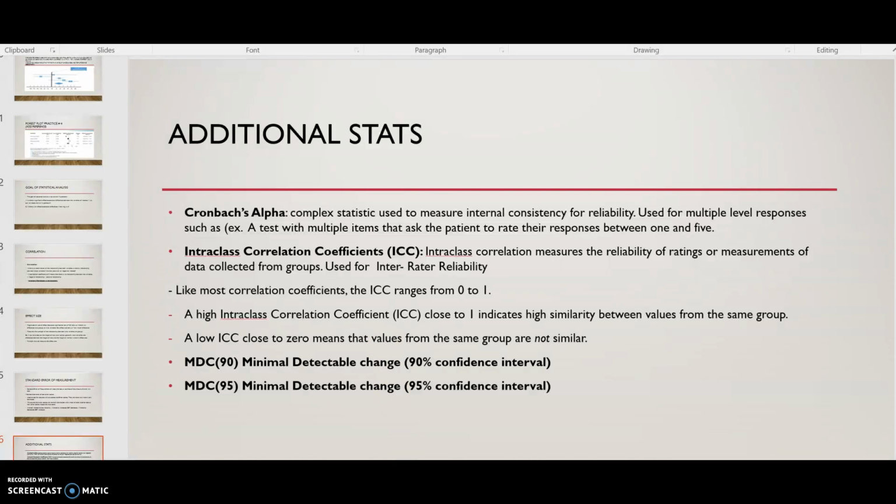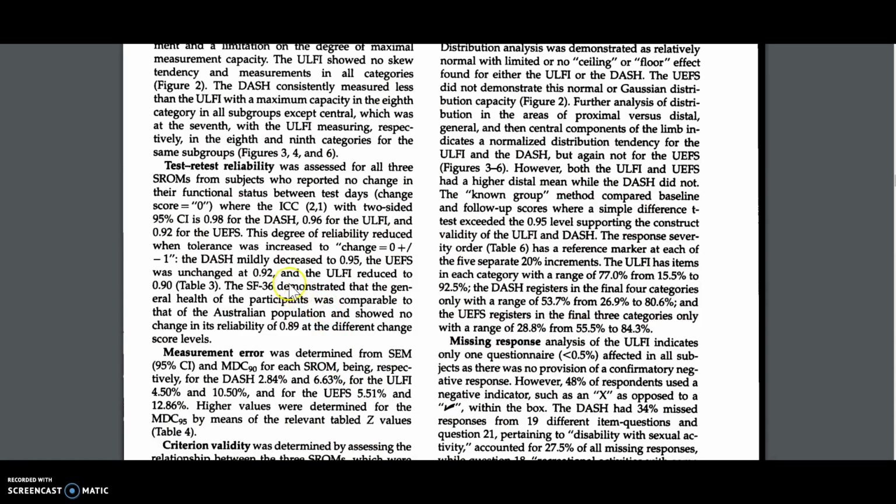So in this case, the scores that they got with 0.98 for the DASH, 0.96 for the ULFI, and 0.92 for the UEFS, those numbers are closer to 1. So that means there's a high similarity between the values from the same group.